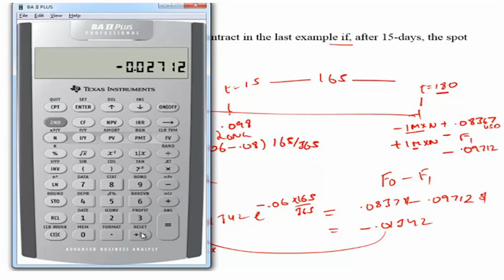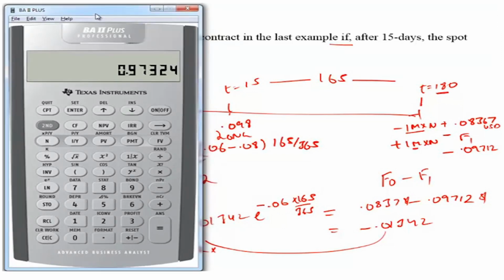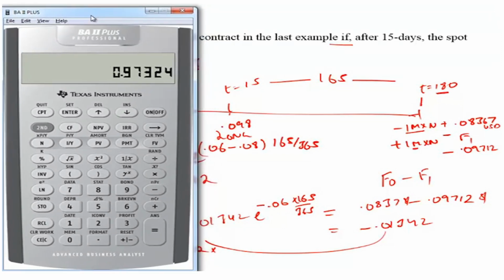Press the button plus minus, press second and press ln. Multiplied by 0.01342, which will come out to be 0.01306.